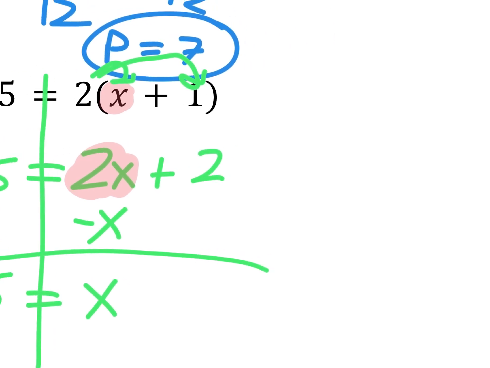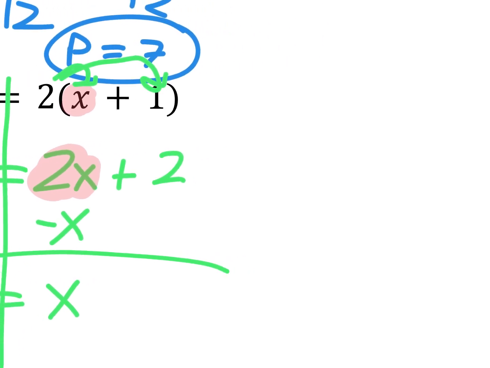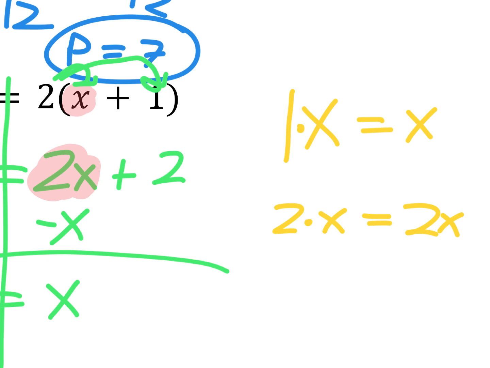If you don't remember, just a quick little refresher: if I ever have x written with no coefficient or no number in front of it, we can assume that there is a 1 in front of it, because if I take 1 times x, well, that still just equals x, right? But if I take 2 times x, that's where we get things like 2x, okay?